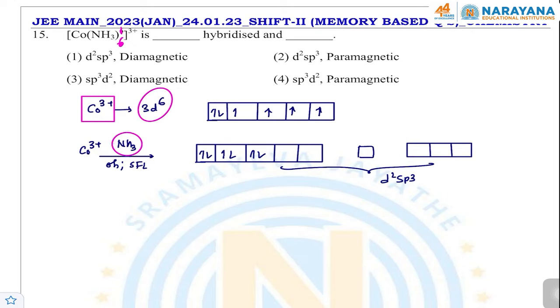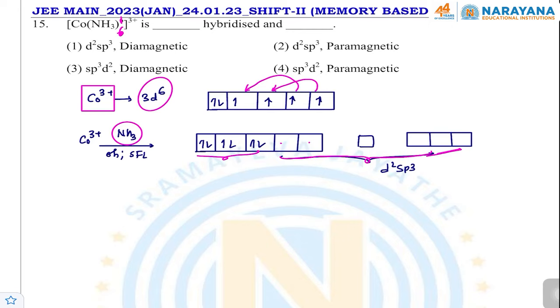Now when the electrons are paired within the 3d orbitals, it leads to 3 pairs of electrons, and 2 d orbitals of cobalt plus 3 are vacant, which are involved in the d2sp3 hybridization.